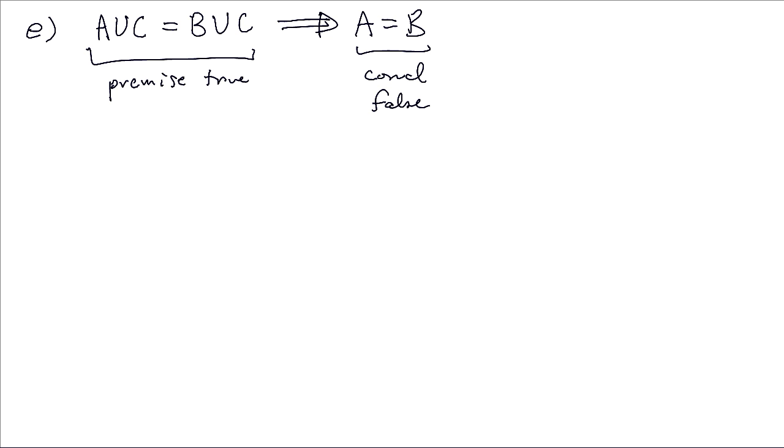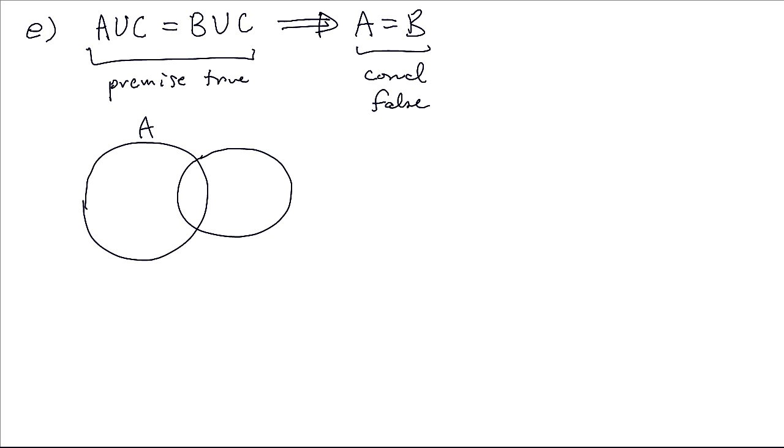A union C equaling B union C, where A doesn't equal B. Let's see here. Let's draw A and C this way. Let's just start with something.